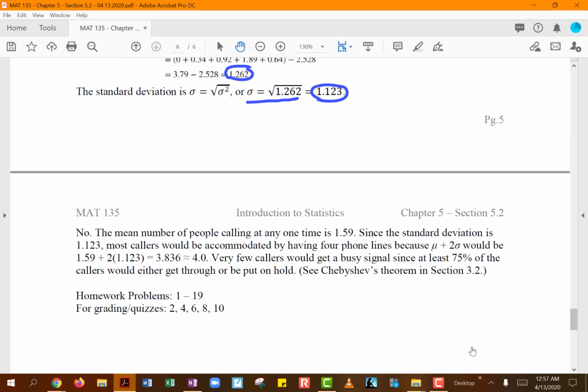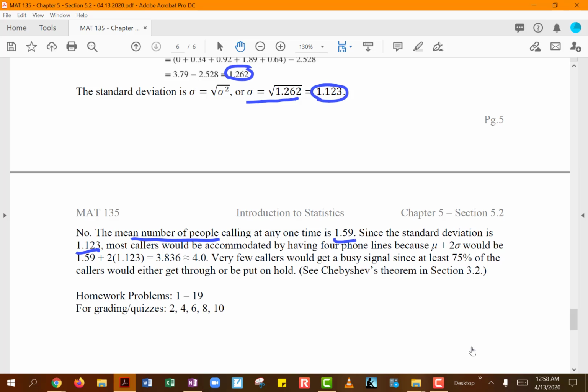So we're saying the mean number of people calling at any one time is 1.59, right? So 1.59 callers are definitely getting through because they have 4 phone lines. Now we are saying the standard deviation is 1.123. So most callers would be accommodated by those 4 lines, because think about it.